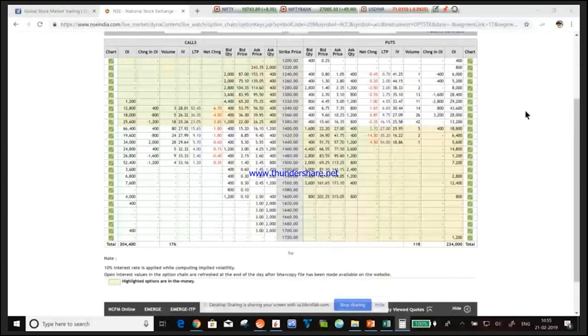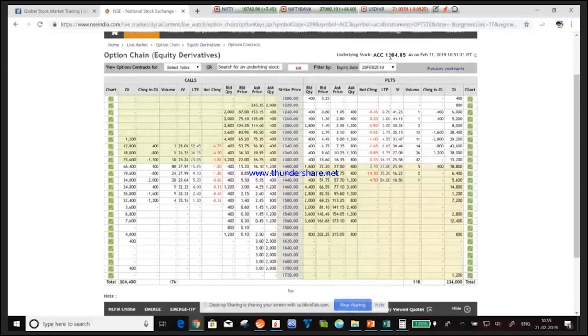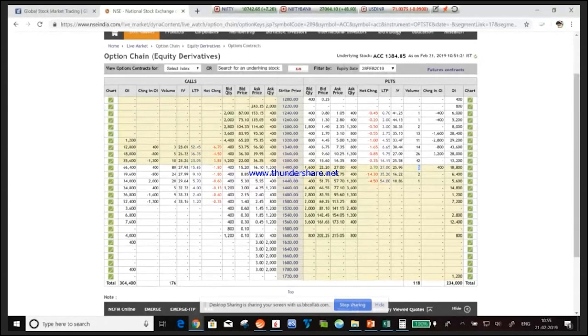Now take a look at the money. I'll tell you, Venkatesh. The at the money will be 1400 now. So if you look at 1400, look at the volume. 80. Look at the volume. 5 contracts. Okay. Now take a look at the put bid and ask price.